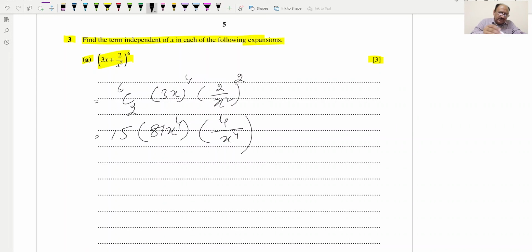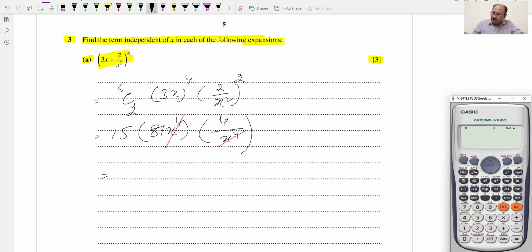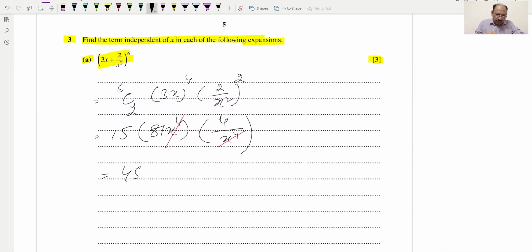Now we can see these x^4 and x^4 can be cancelled, and this will be the term which is independent of x, and we need to multiply 15 by 81 by 4, and this is equal to 4860. So 4860 is the value of the term.